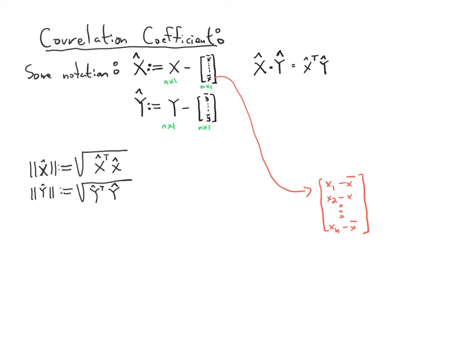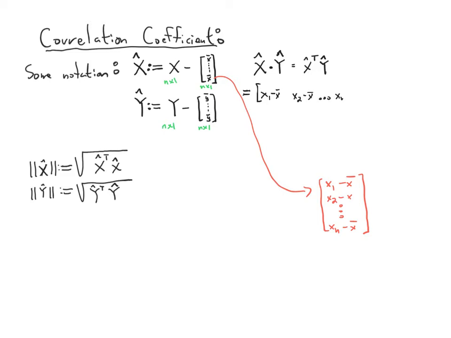So let's write out what this is, and then I'll write out what the calculation would look like. So this is x hat transpose, and I'm going to write it horizontally instead of vertically, so it's x1 minus x bar, the mean, and your second entry would be x2 minus x bar, and you just keep doing that.